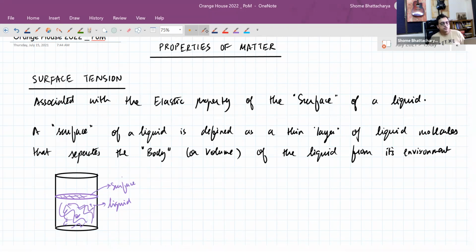Okay, so by the thickness of the surface, when we say that it's a thin layer, we should specify how thin.